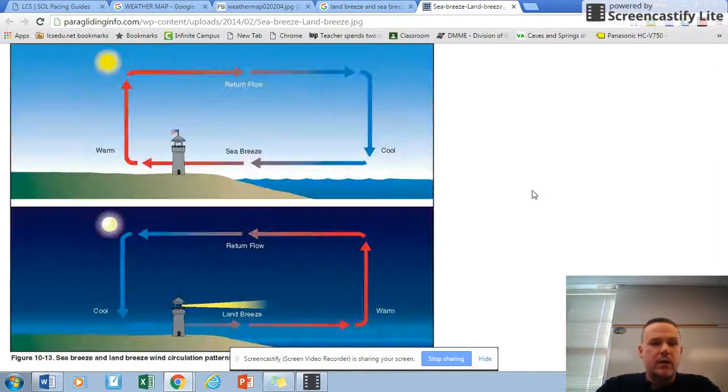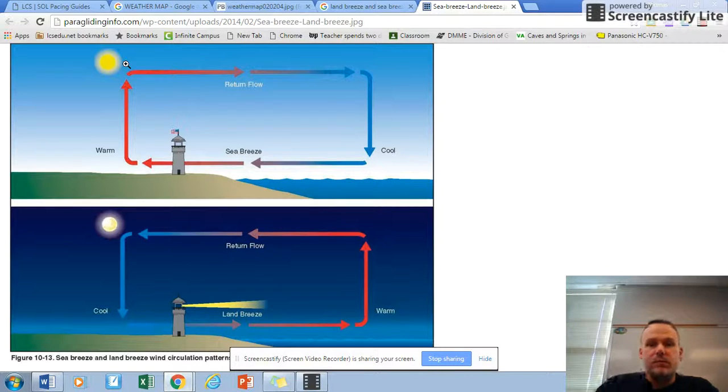It looks pretty good. During the day, you have basically the land heating up a lot quicker than the cool water. And so you'll have a high pressure here and a low pressure here. You'll have this warm air going up and the cold, dense air filling that vacuum, and it heats up here and then goes back up.